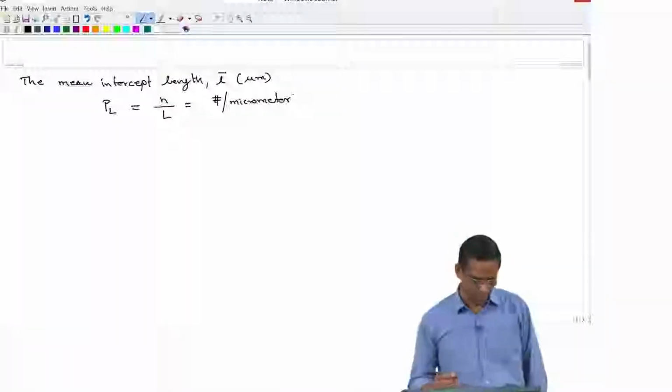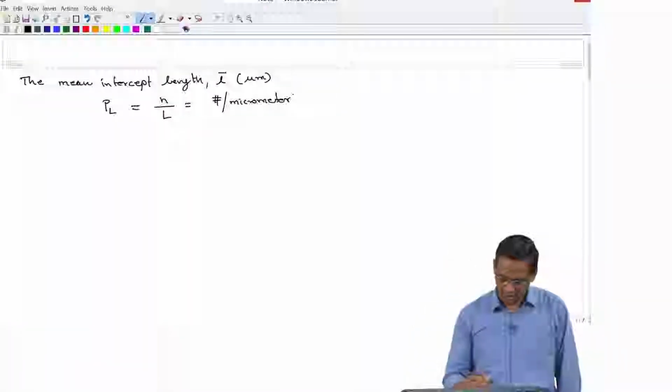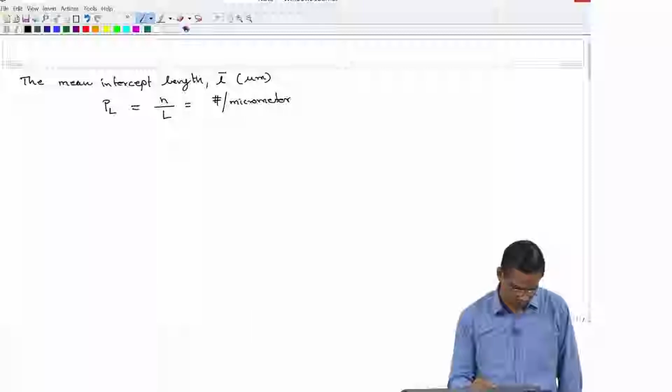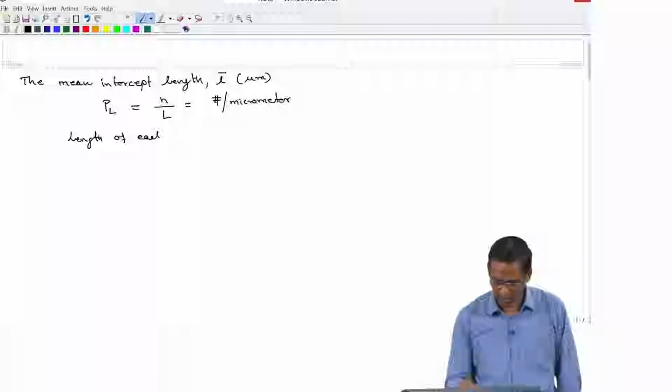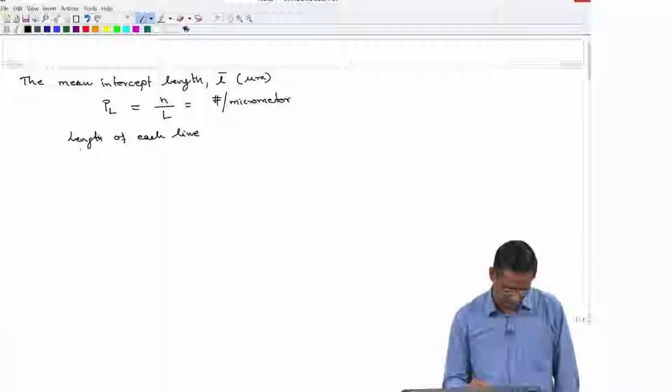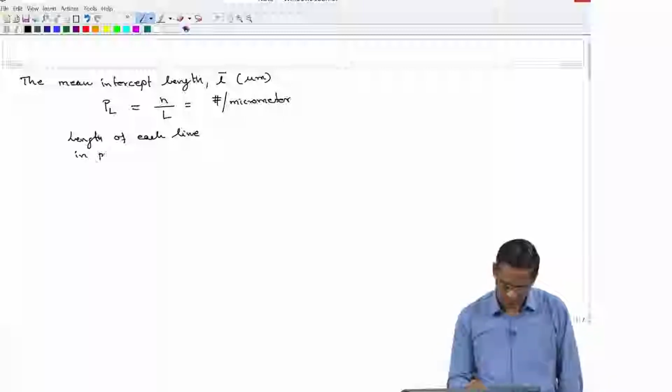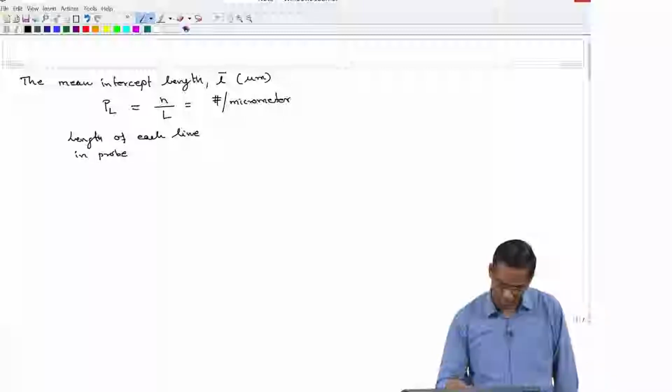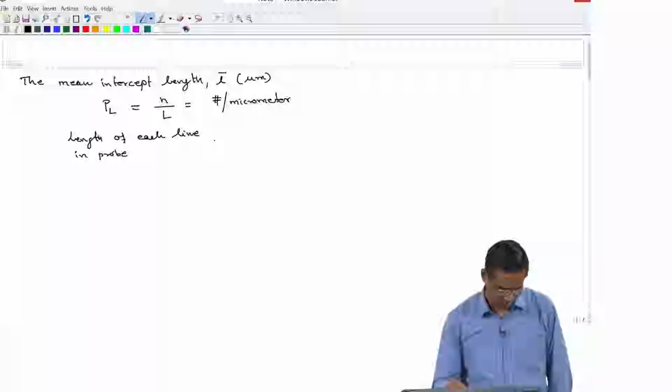So, what have we measured? The length of each line in the probe is about 72 mm.